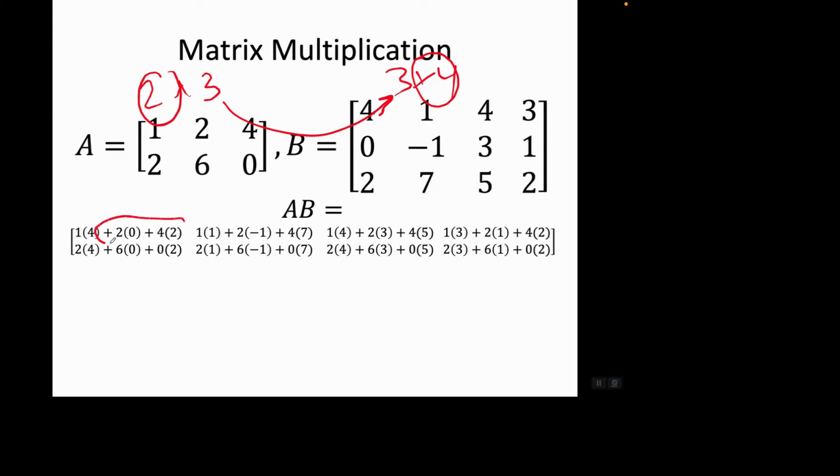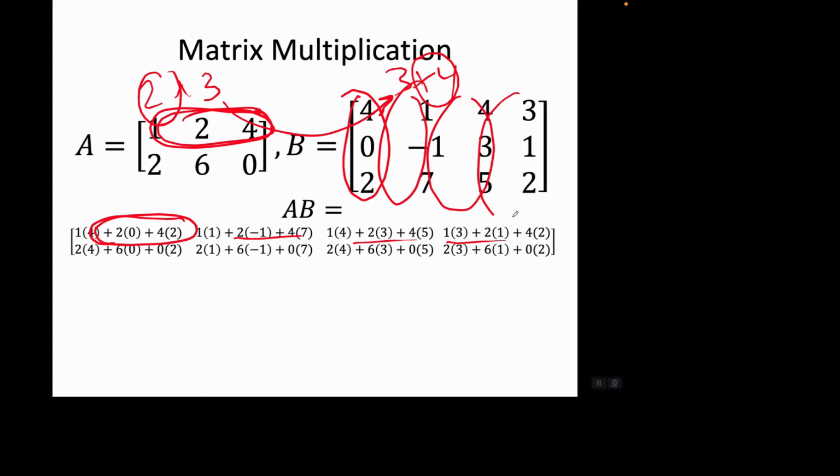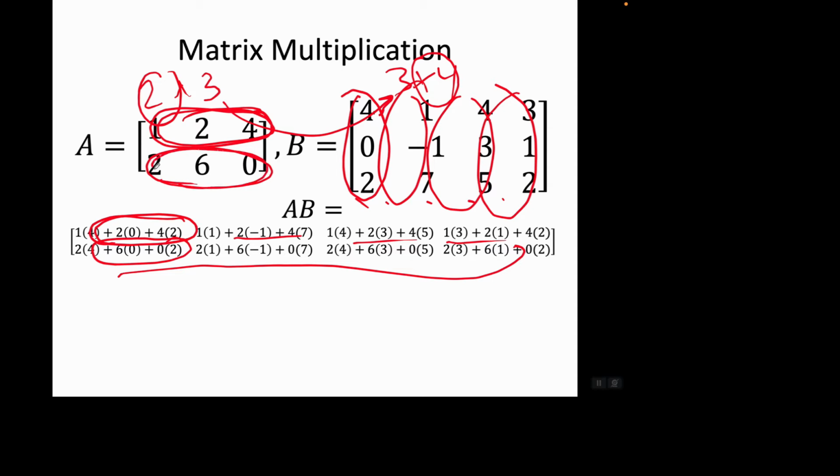So again, to get the first row and first column of AB, we need to multiply together the first row of A and the first column of B. Take the dot product, 1 times 4 plus 2 times 0 plus 4 times 2, etc. And then to get the other columns in that first row, we'd have to take the dot product of this first row of A with the columns of B. And then to get these entries down here, we would have to take the dot product of the second row of A with the columns of B. So for example, if you want this entry down here, it's going to be the dot product of 2, 6, 0 and 4, 0, 2, which is 2 times 4 plus 6 times 0 plus 0 times 2.